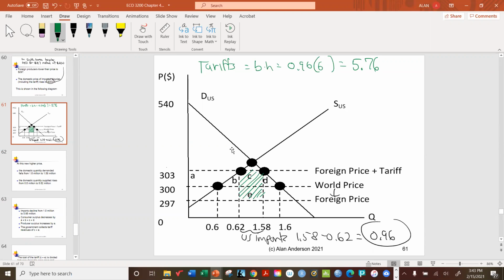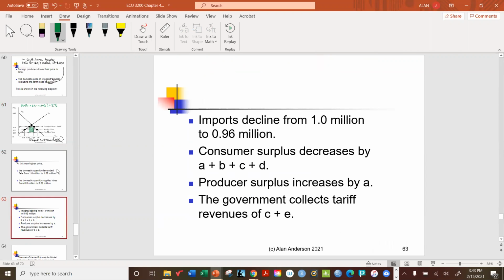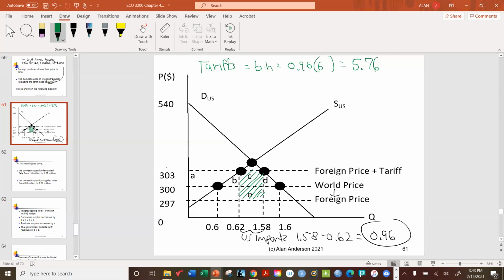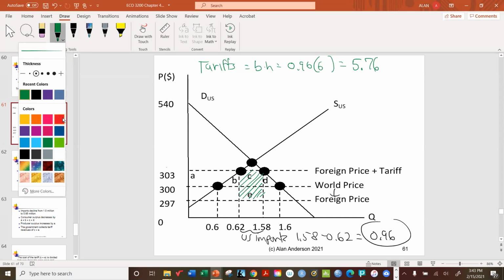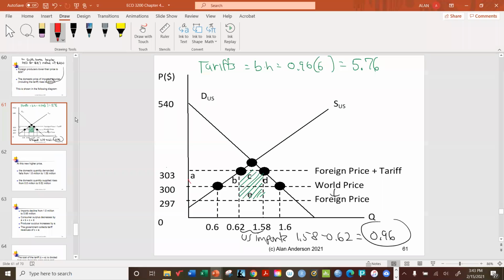What about everybody else? Producer surplus increases by this amount. There's that Tennessee shape there again. Compared to free trade, you can think of this as the increase in producer surplus. It comes all the way down here, but the increase in producer surplus is the area of this trapezoid.